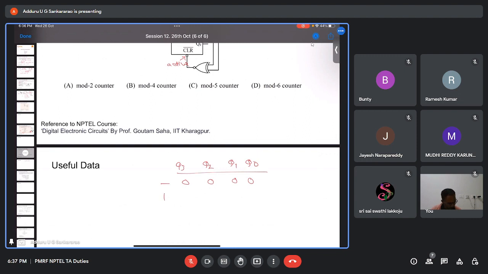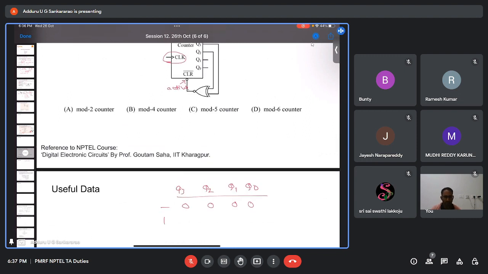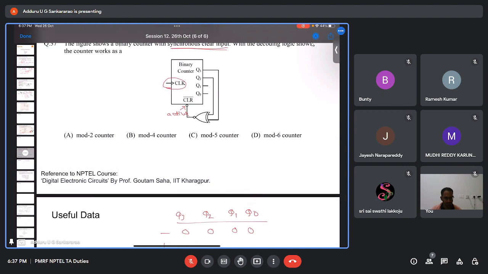What will happen? Binary counter means it will count. 4 outputs are there. That means 4 flip-flops are being used, Q0, Q1, Q2, Q3. That means it can count from 0 to 2 power 4 minus 1. So it can count from 0 to 15.